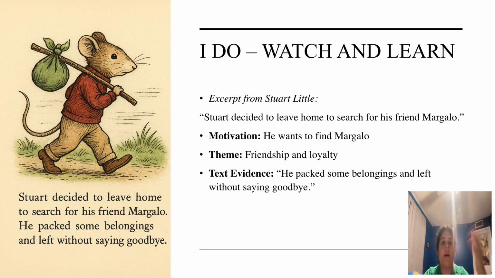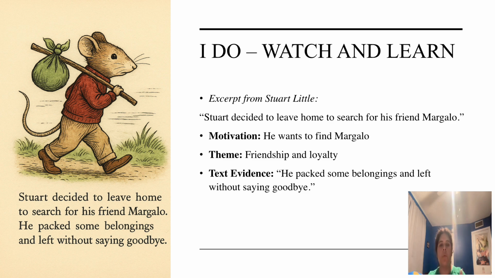The theme here, as you can see, is friendship and loyalty, because Stuart, in his mind, thinks Margalo is my friend, we have this bond, and I will never be disloyal to her.